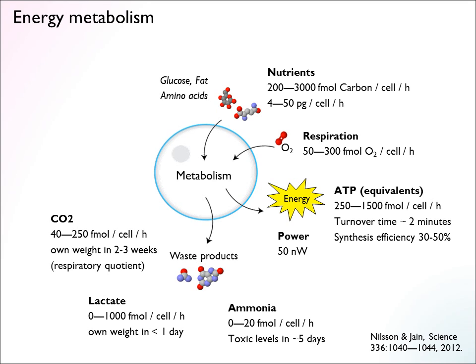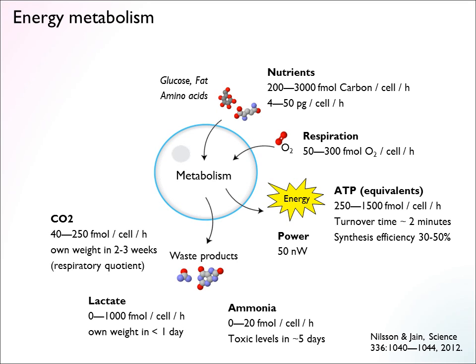But if you think about the pool of ATP available in a cell, the turnover time for a highly energetic cell is on the order of minutes. So that's a good number to know. If you would block energy metabolism or block ATP synthesis, you will have a crisis in the cell on the order of minutes.